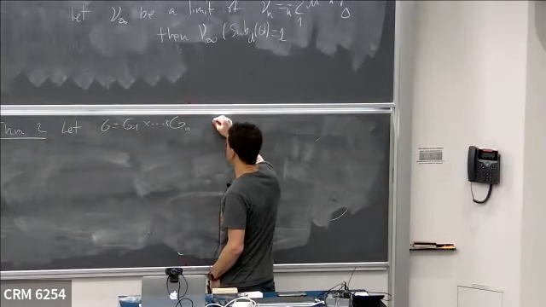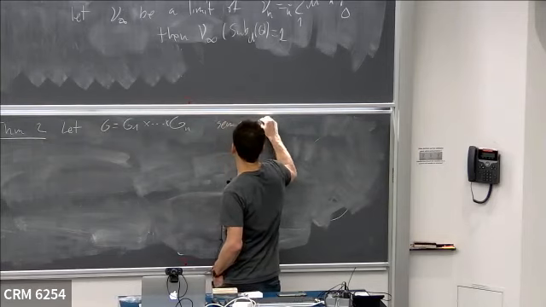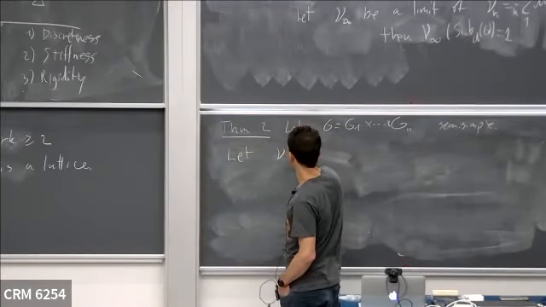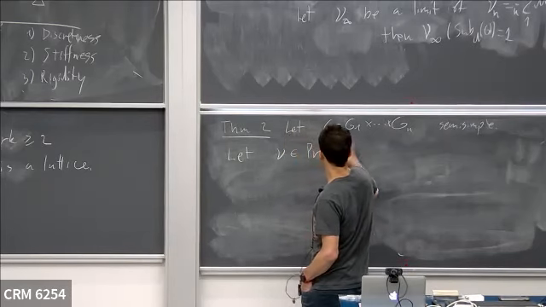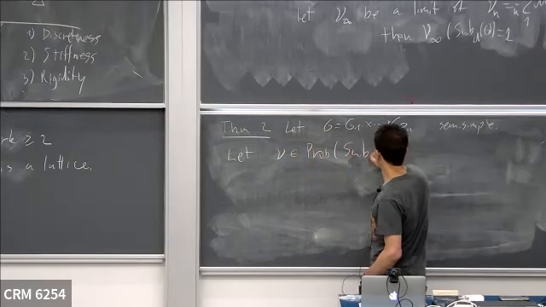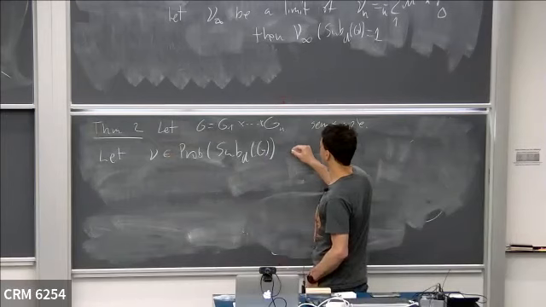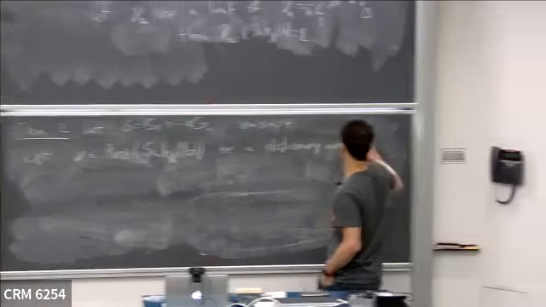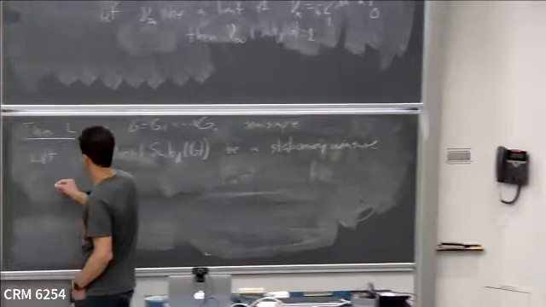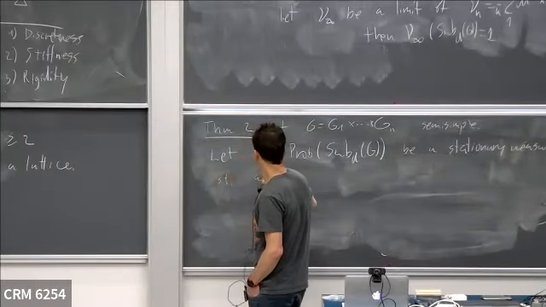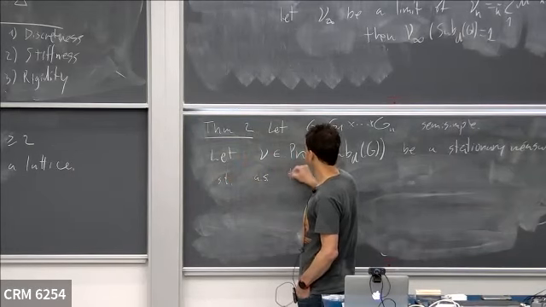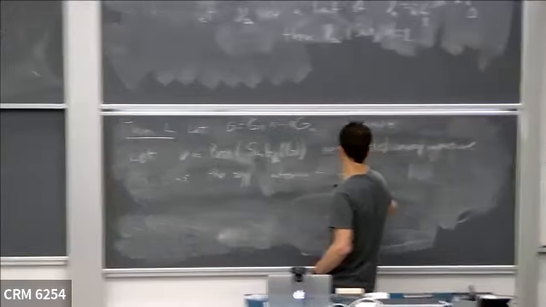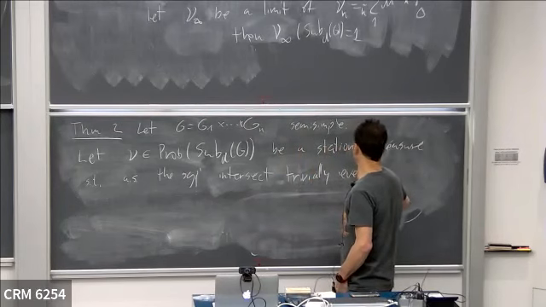Let nu be a probability measure on the space of discrete subgroups of G, a mu-stationary measure, such that almost surely the subgroup intersects trivially every rank 1 factor.